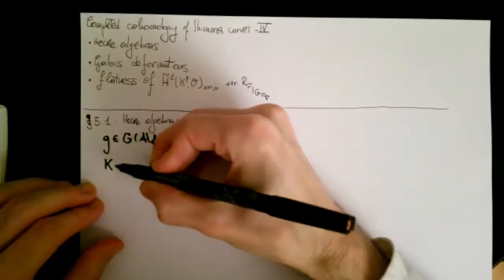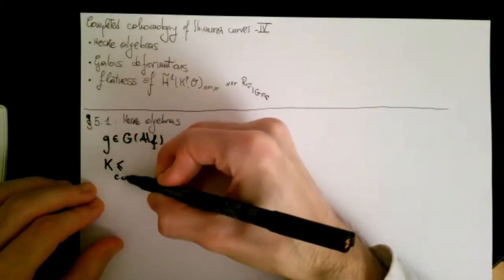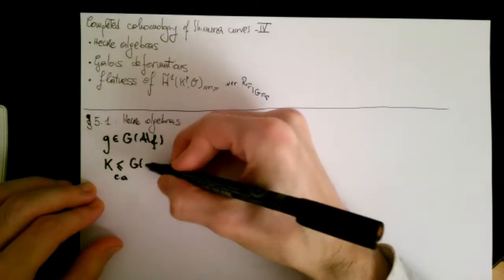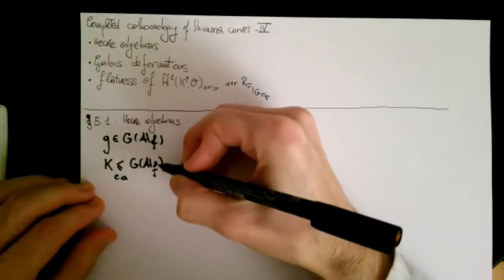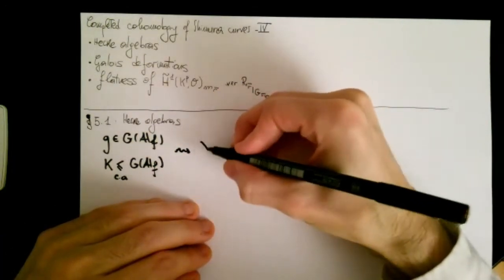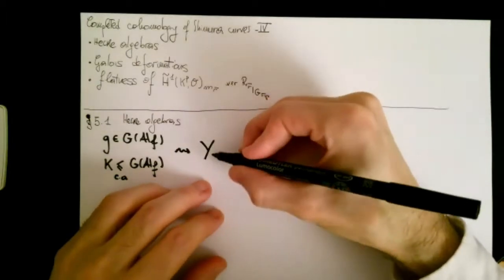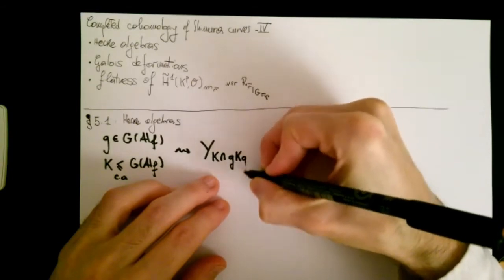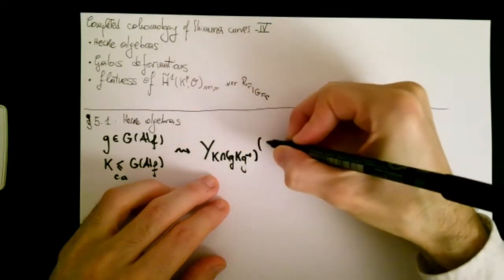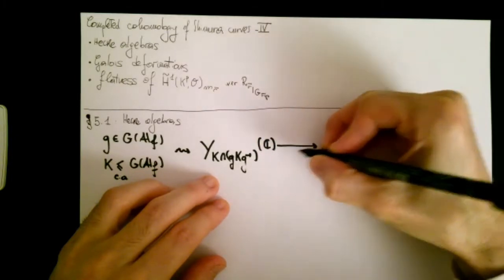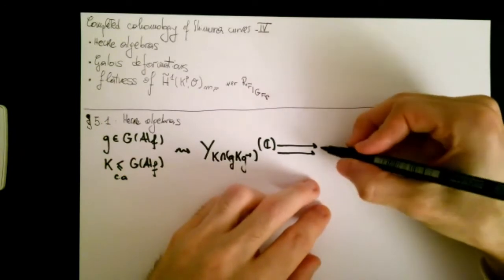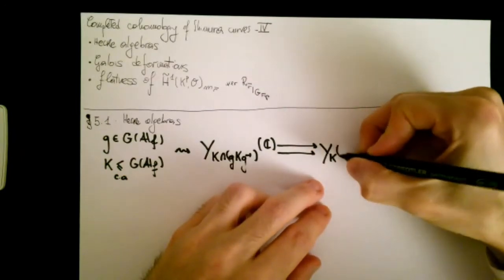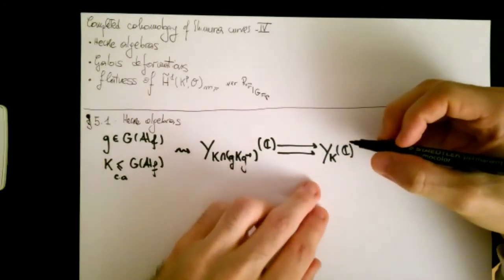So we take g, an element in the finite adeles, and I pick a compact open subgroup K in the adelic points. Then what happens is that we have the following Galois cover, Y_{K intersect gKg^{-1}} over C, and we have two ways to go back to Y_K over C. Sorry, I said that it's a Galois cover.